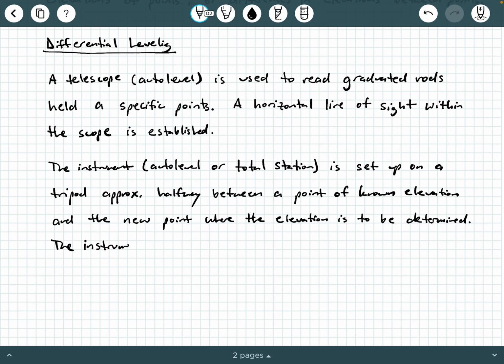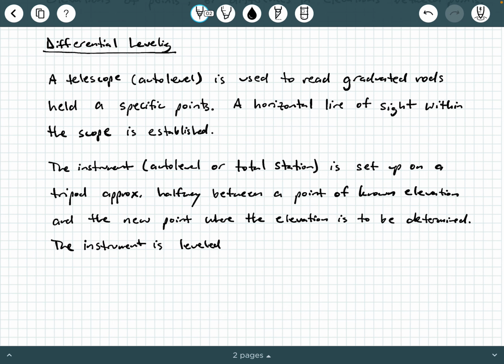The instrument is leveled. That means that there's a little leveling bubble on the instrument, and we make sure that the bubble is within a particular target zone.